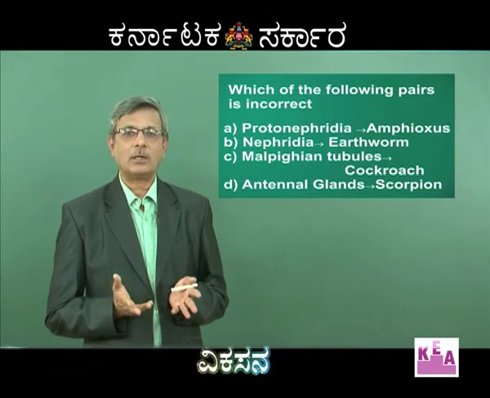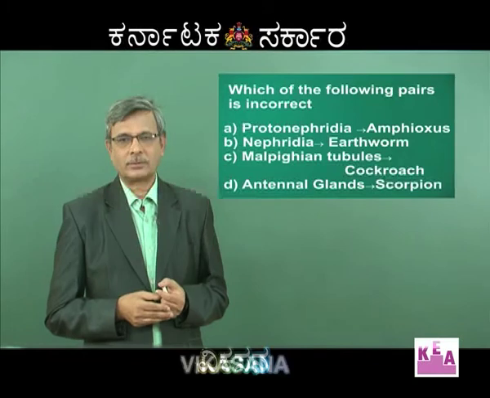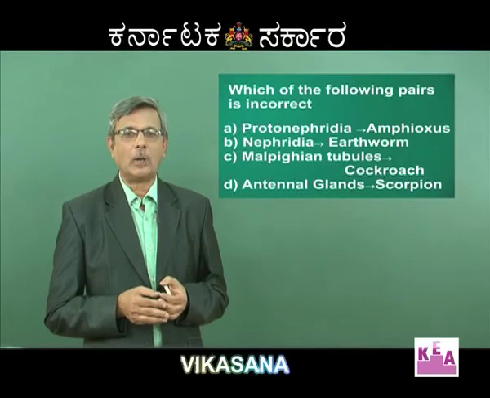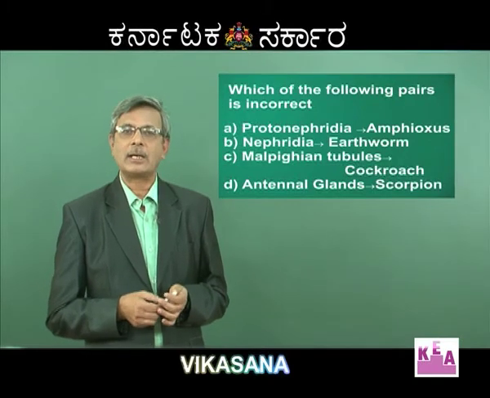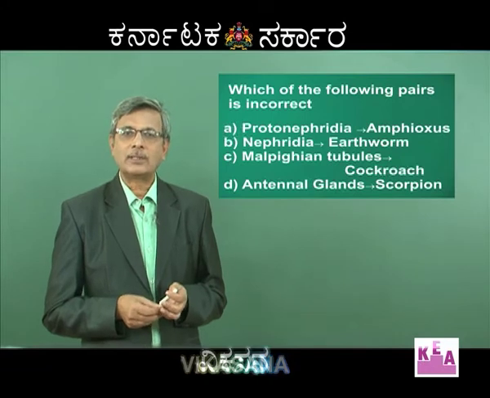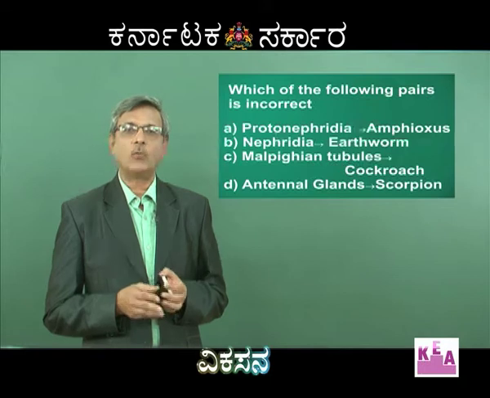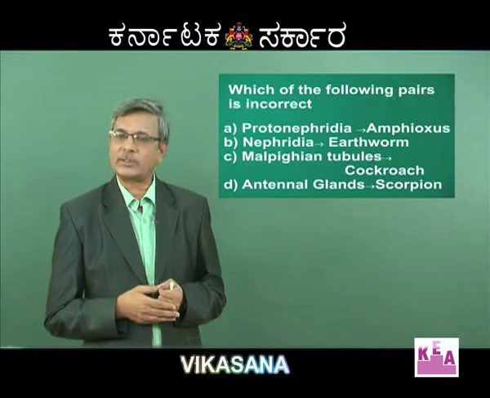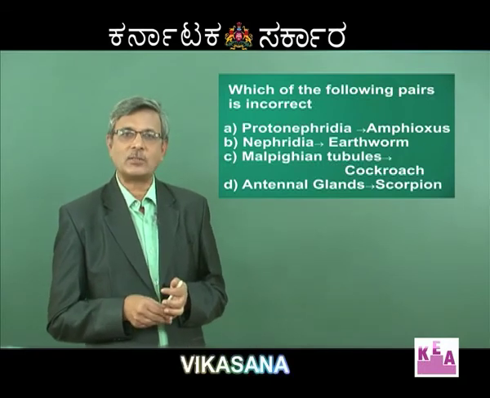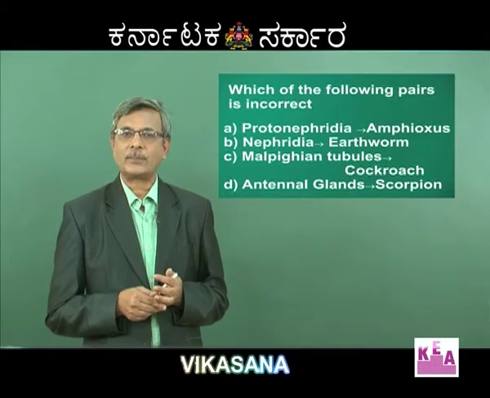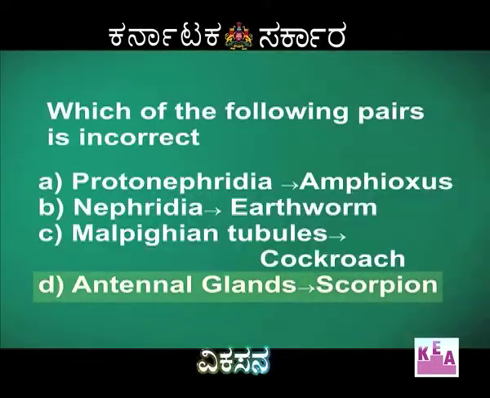Crustaceans are nothing but prawns. And here the option given for antennal gland is scorpion. Scorpion is an arachnid where 4 pairs of walking legs are present, whereas in crustaceans we have 5 pairs of walking legs. So the answer is option 4, antennal glands, scorpion, that is incorrect.